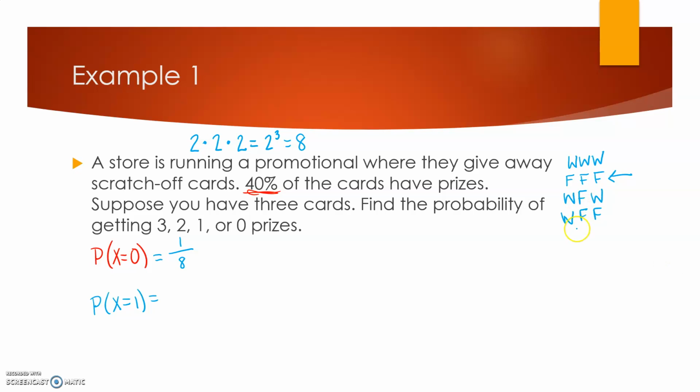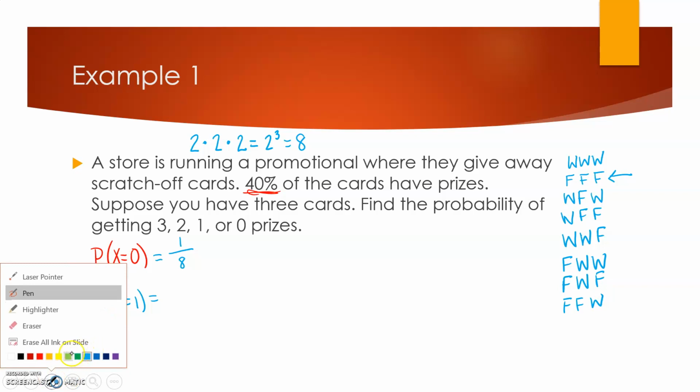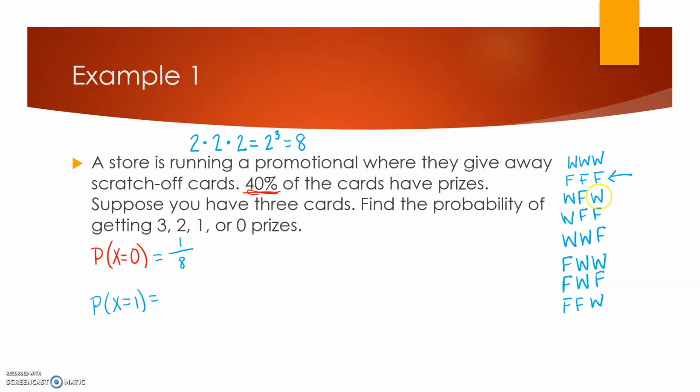Well, if I look at my combinations, if I just list them all out real fast, I'm missing this one. All right, so if I'm looking for combinations of cards that have exactly one winner, I've got one here, and one here, and one here. So there are 3 out of 8.